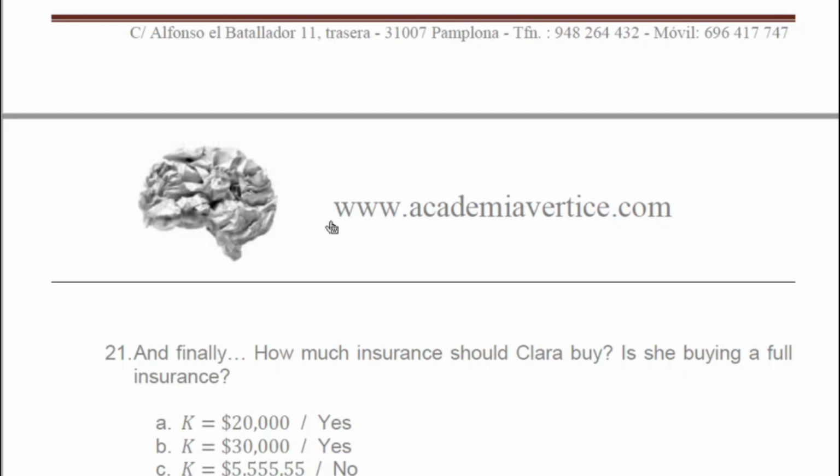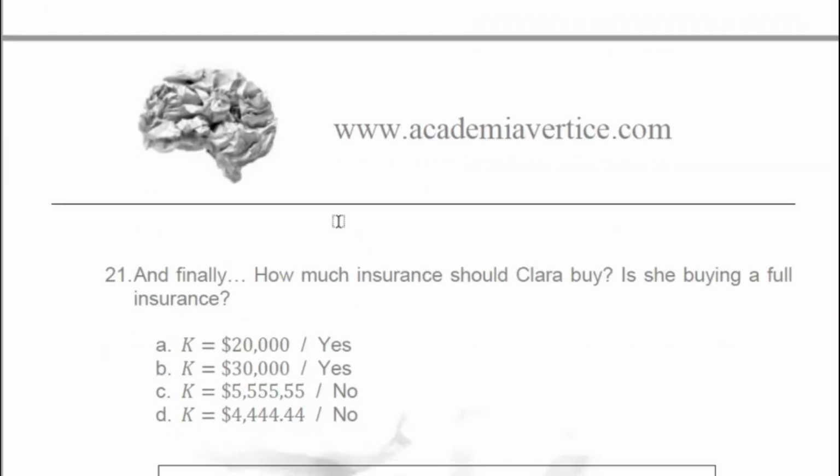Now still with Clara. Finally, how much insurance should Clara buy? Is she buying a full insurance? Well, we have to continue with the exercise.